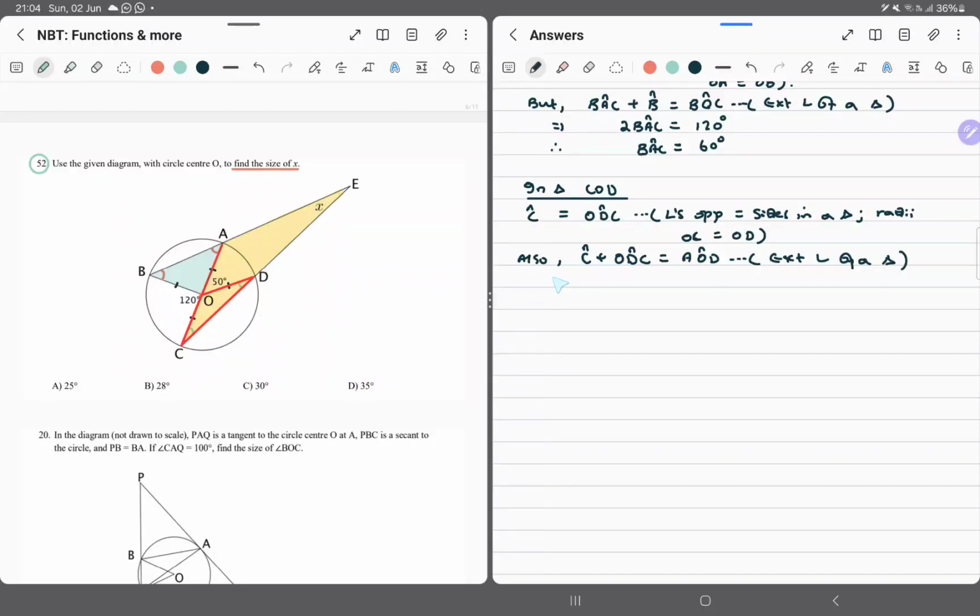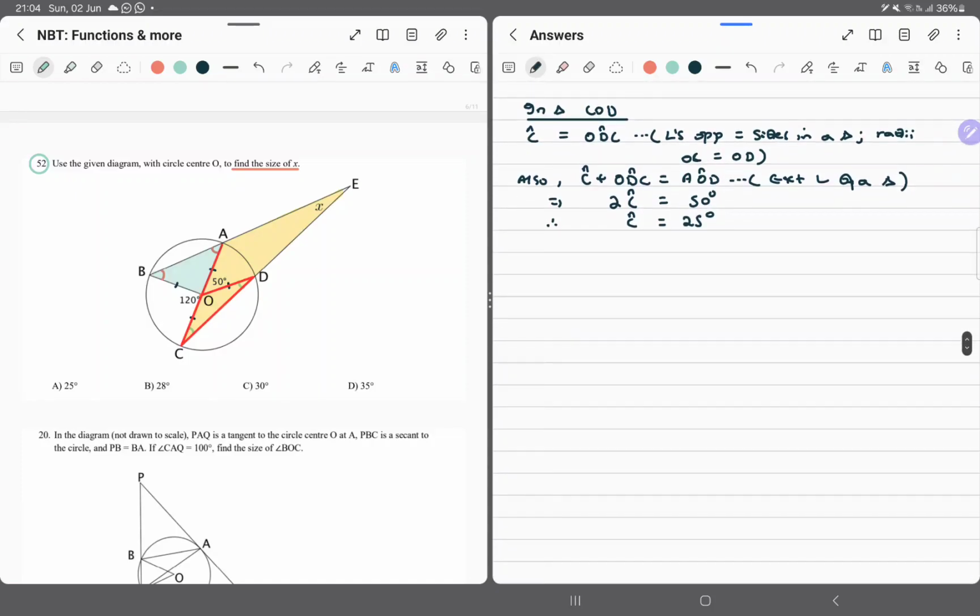Now, since we said these are all equal to angle C and we are interested in angle C, we will say twice angle C is equal to 50 degrees. We can say therefore angle C is equal to 25 degrees. It's an intermediate answer. So we drive home now.